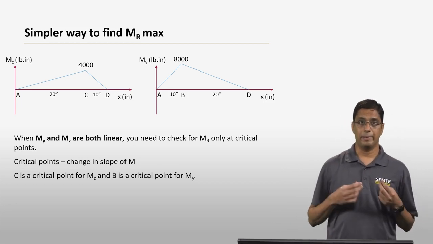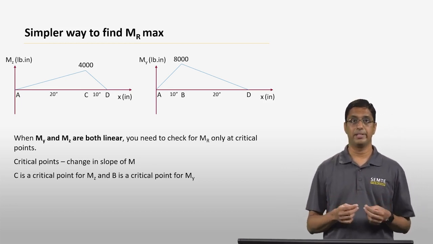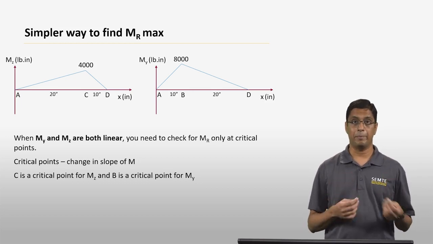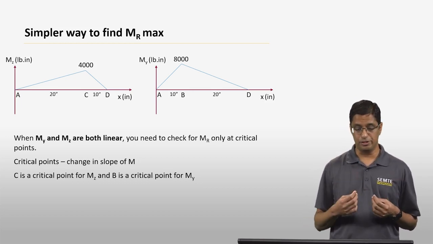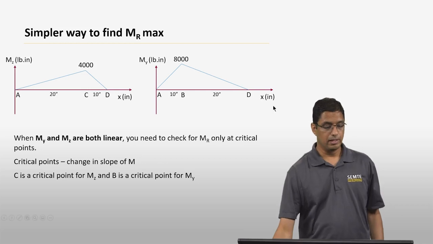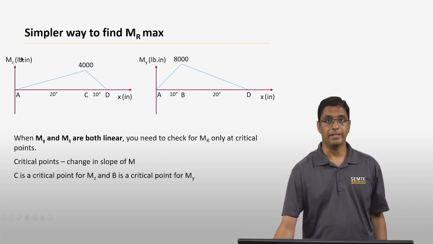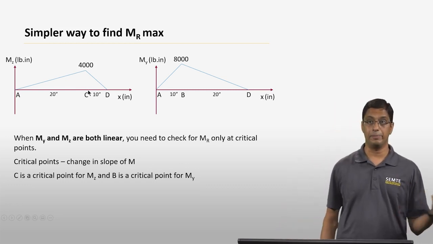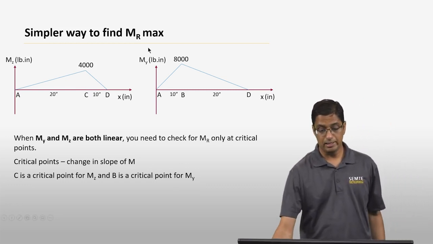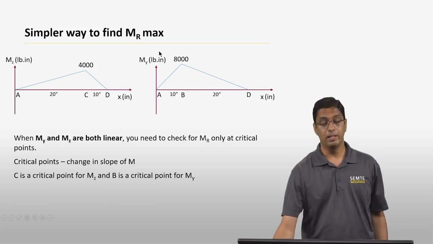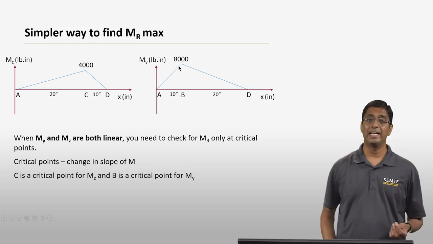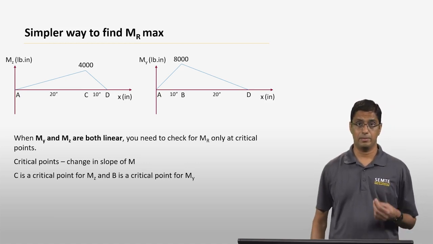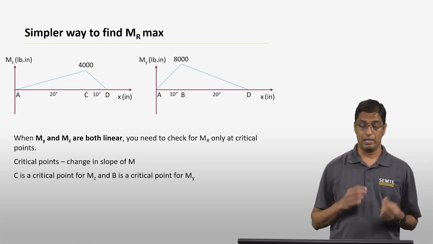Critical points are basically points or locations in the bending moment diagram where there is a change in slope. So if you think about this particular MZ diagram here, you actually have a change in slope at point C. Okay? So that is a critical point for MZ. Now, if you look at the bending moment diagram MY, you have a change in slope at point B. So point B is a critical point for MY.